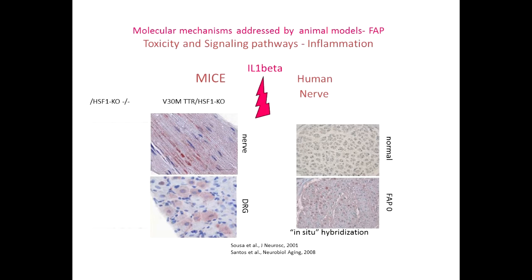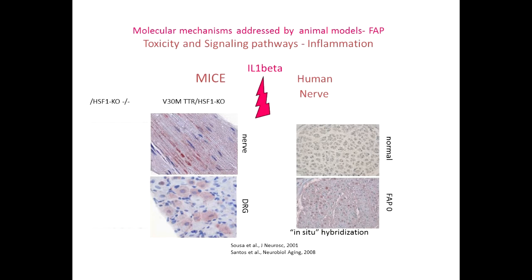Concerning animal models, we have developed over the years transgenic mice for methionine 30, and we cross these mice with heat shock factor 1 knockouts.